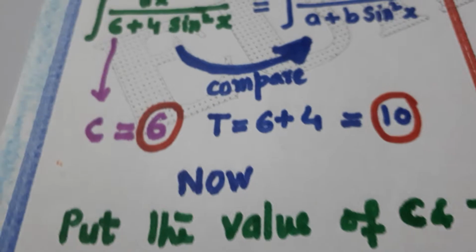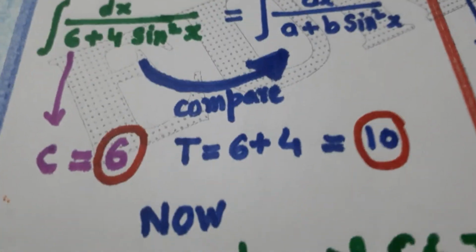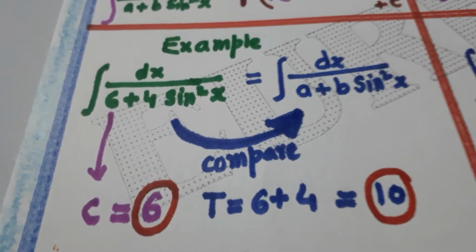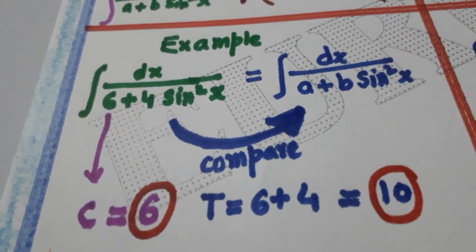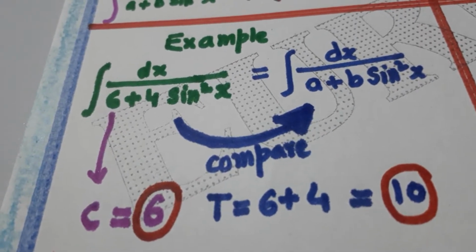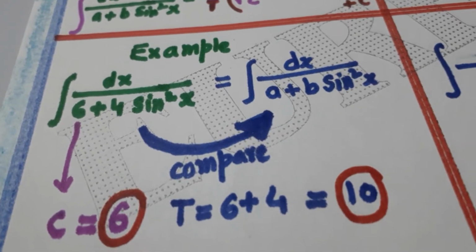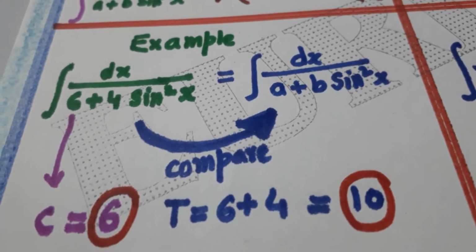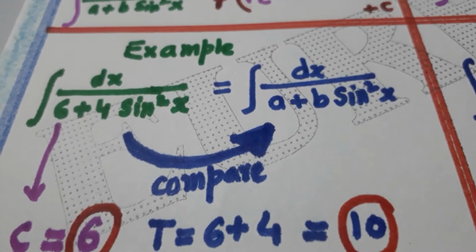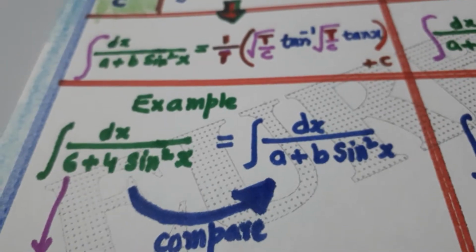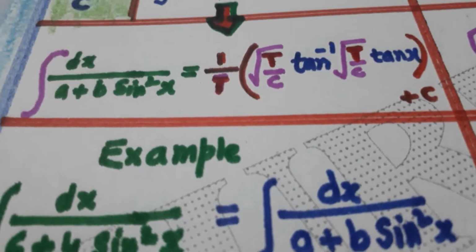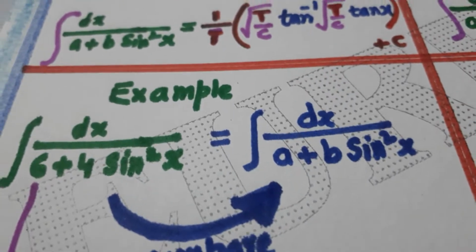Now let us solve this. First case, TC case. Now look here, example is, what will be the integration of dx over 6 plus 4 sine square x? Compare it with a plus b sine square x. The formula is above. Now what is T and what is C?